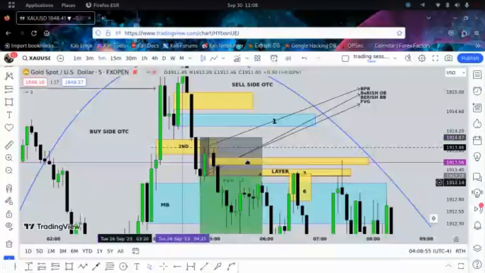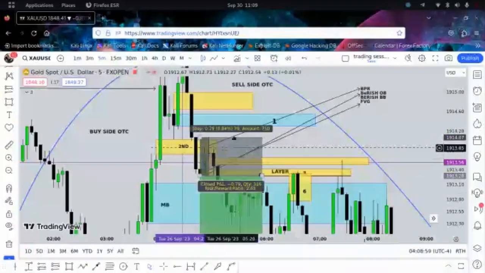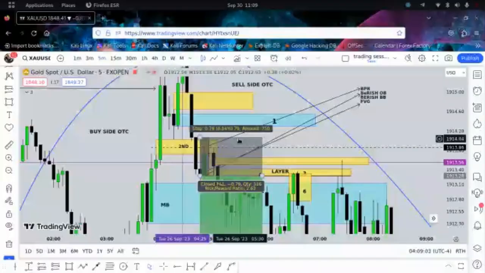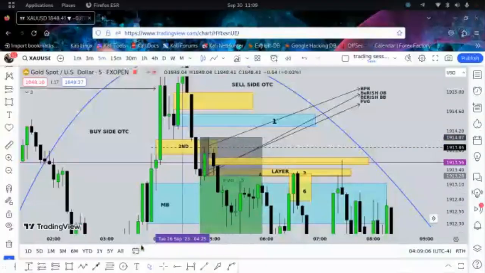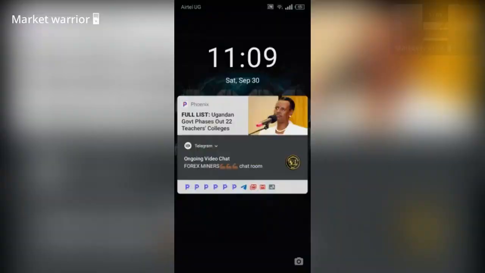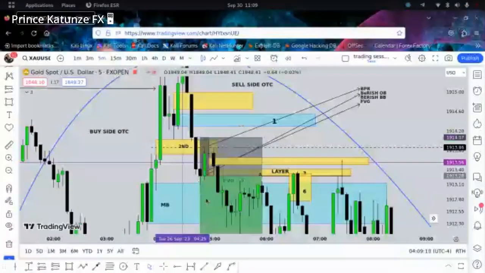This is your stop loss for everything happening within this zone. And when you're going to build a stop loss here, you put this as your stop loss.